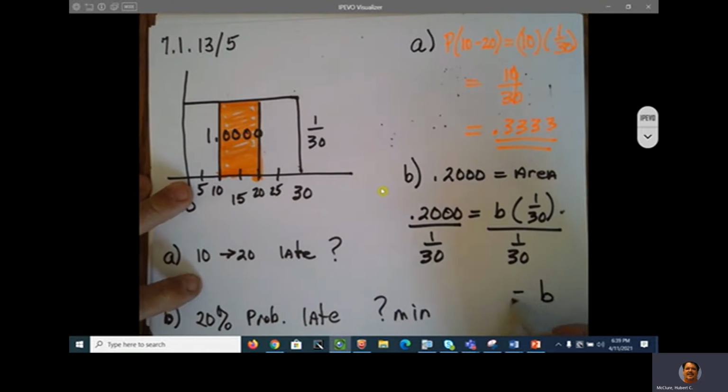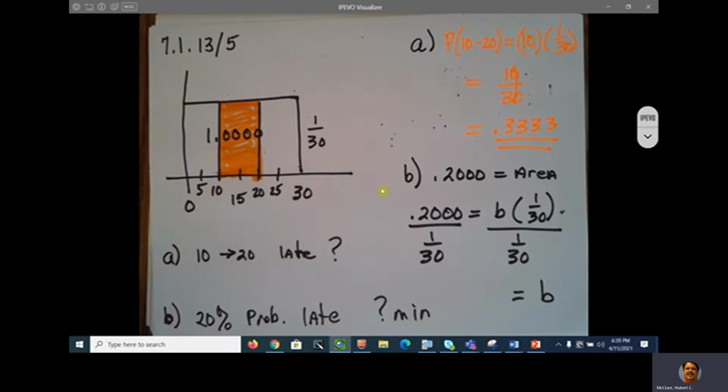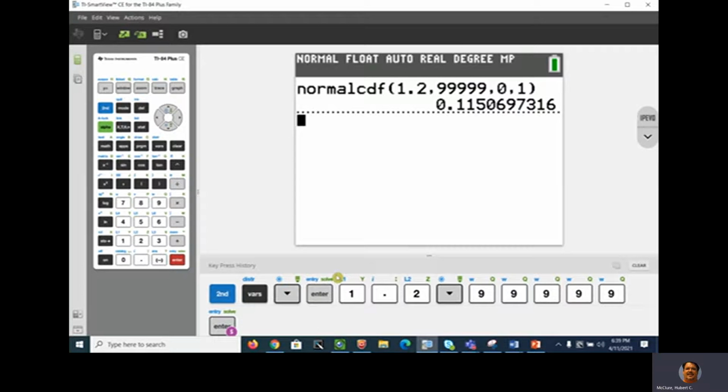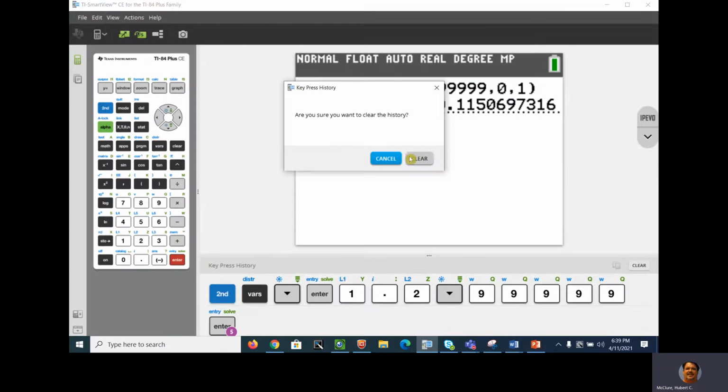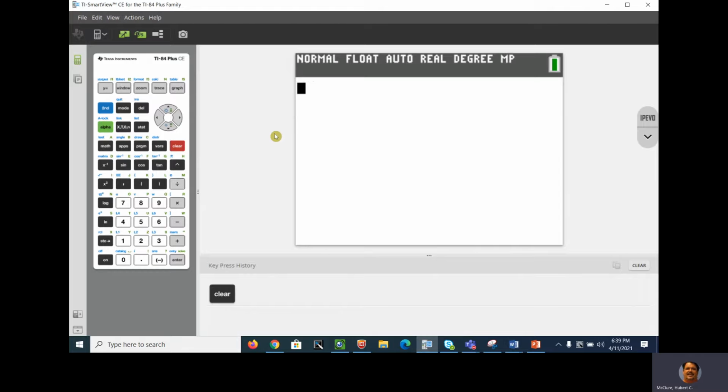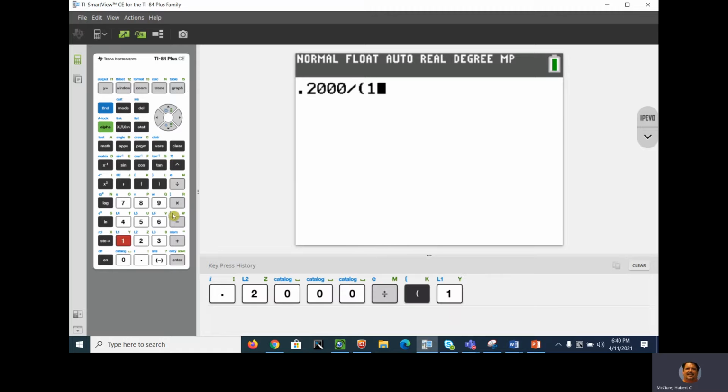And B is going to be equal to, and I'm going to take my handy dandy calculator, let me clear everything so we don't get mixed up with other stuff. So that'd be 0.2000 divided by, parentheses, 1/30.